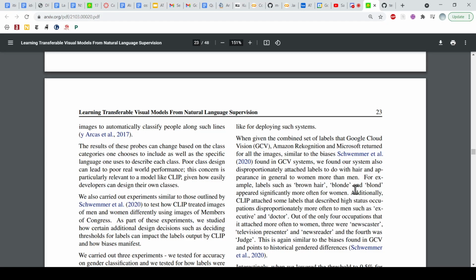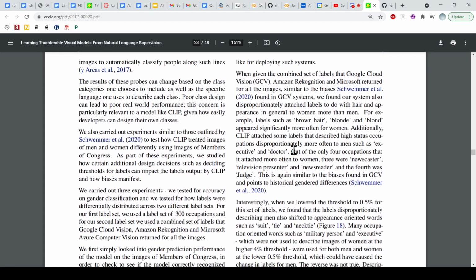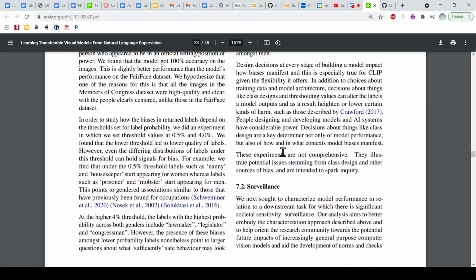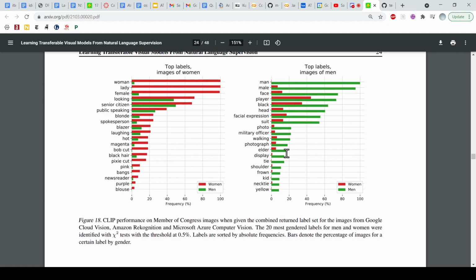Yeah, interesting stuff. Let's see. And now they're talking about how most neural networks have these biases and all that. It's like, yeah. Surveillance. God.